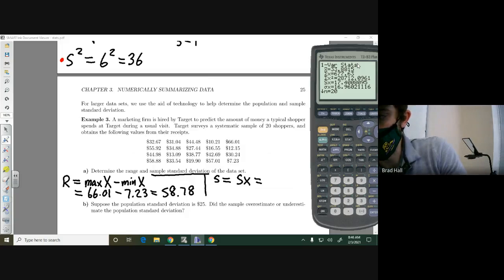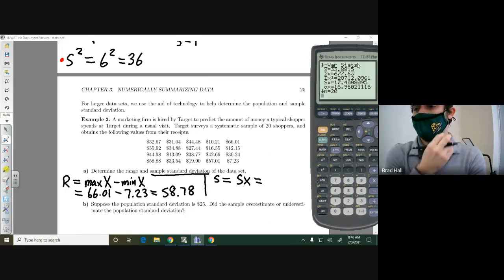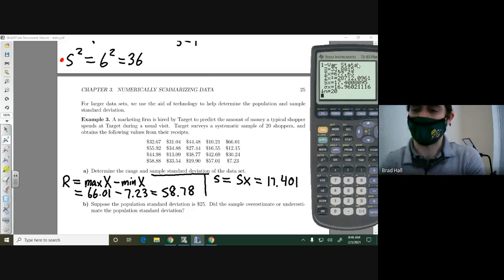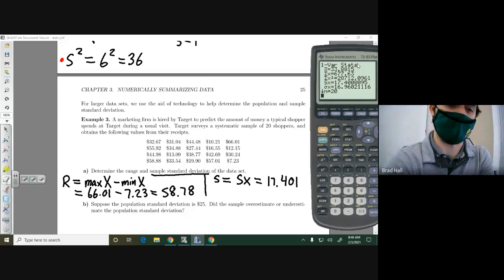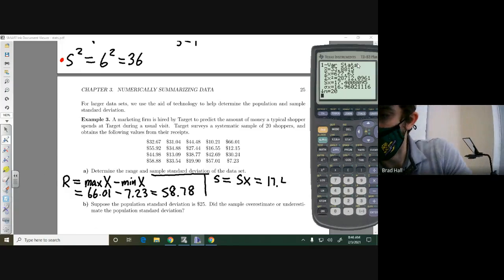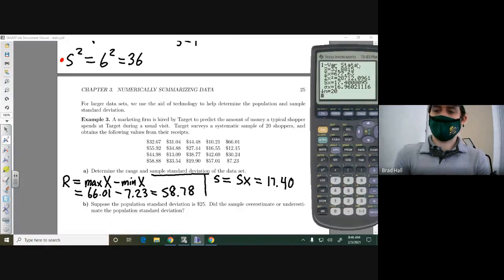And that value, because there's a lot of values here, is 17.401. Let's just round to 3 decimal places. Actually 2, because this is money. So let's round to 2 decimal places. 17.40. So that's the standard deviation here.